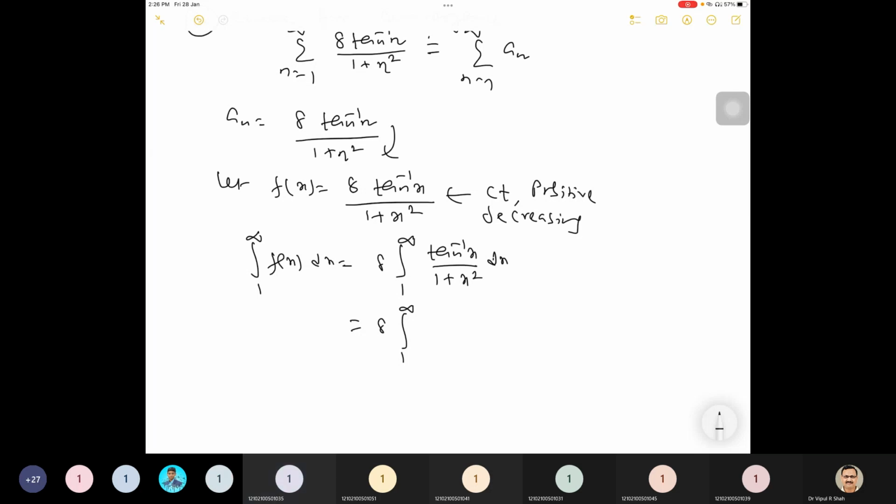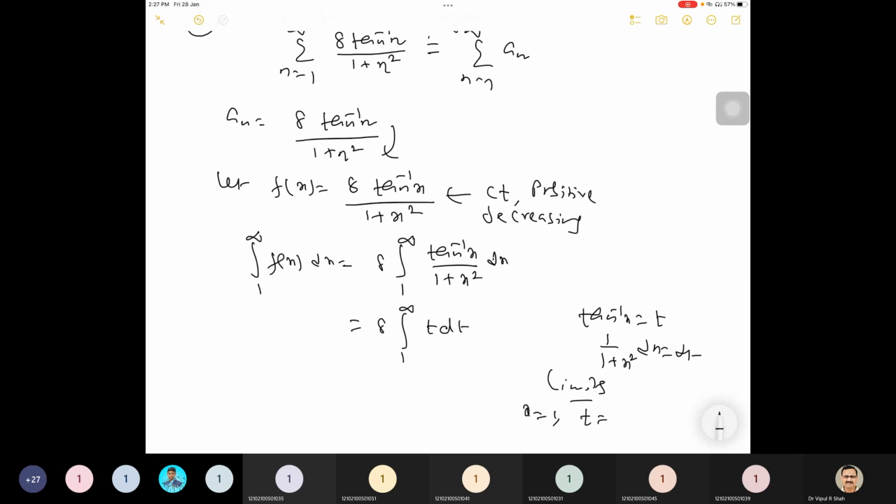Very good. Or you can say tan inverse x is equal to t. So then 1 upon 1 plus x square dx equal to dt. So this is t dt. But then if 1 is there, limits. For x equal to 1, what is t? Tan inverse 1.